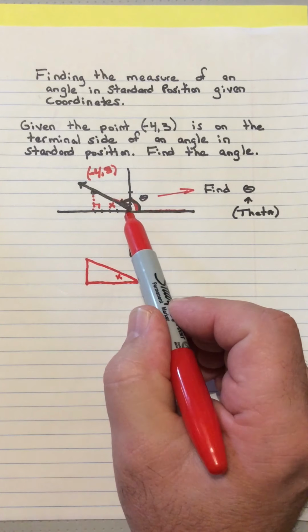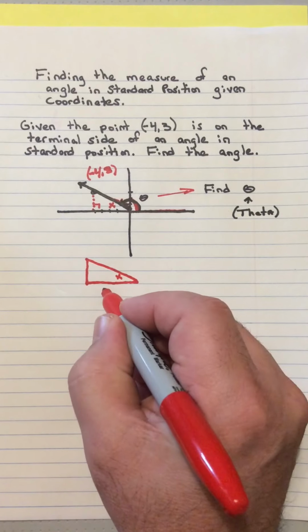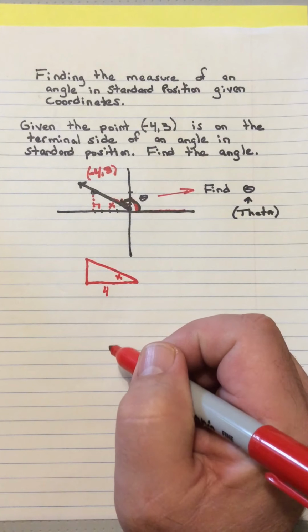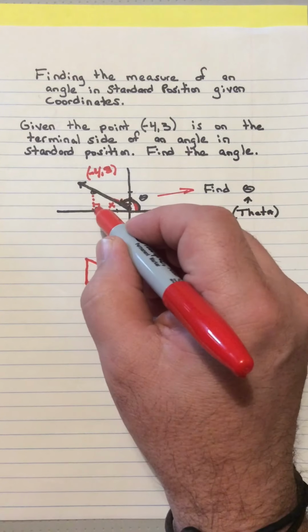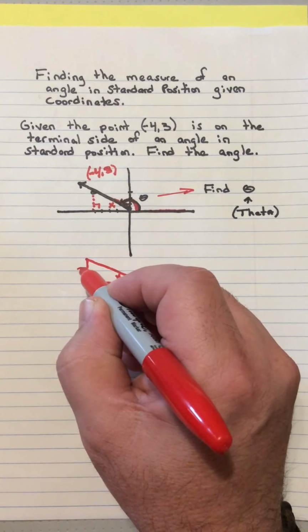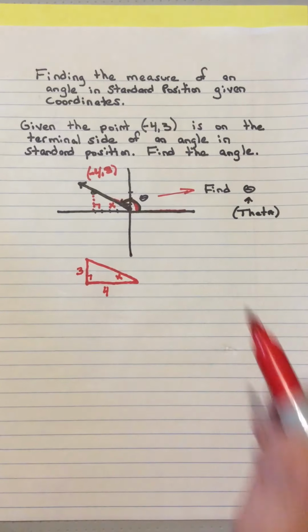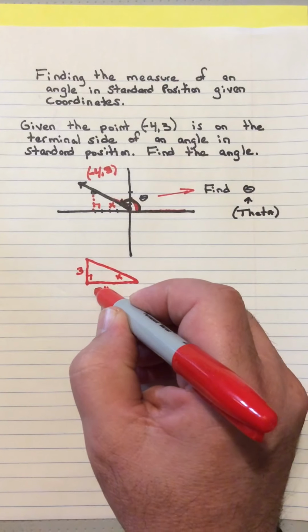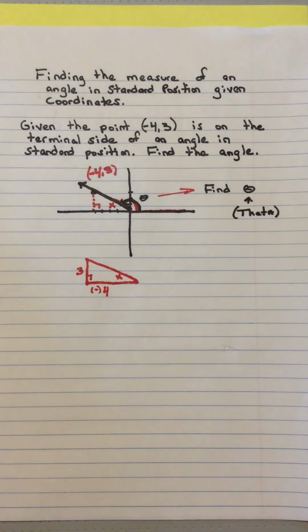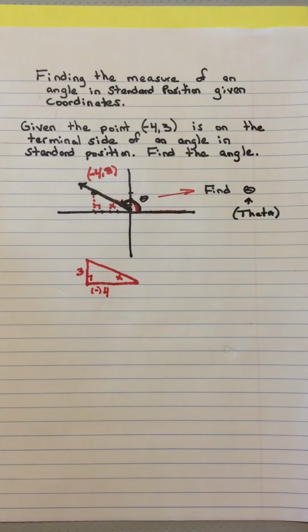Since this point is at -4, that distance is 4, and its y movement was 3, I can label those two sides. This side technically is negative, but we're going to use it as a positive distance.